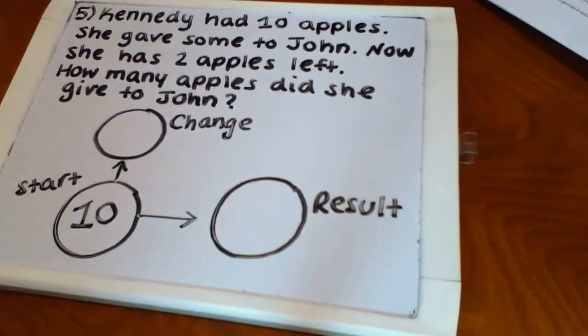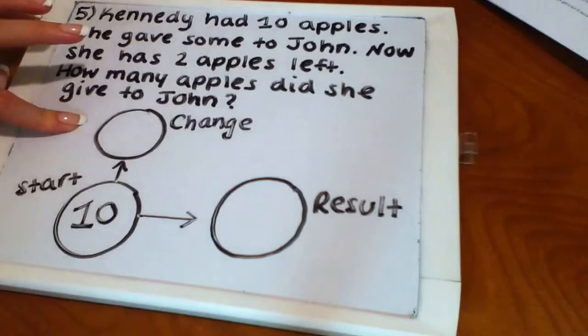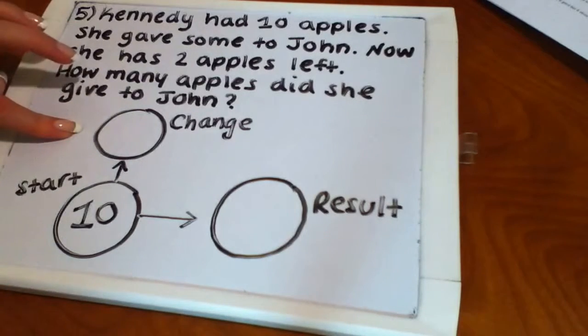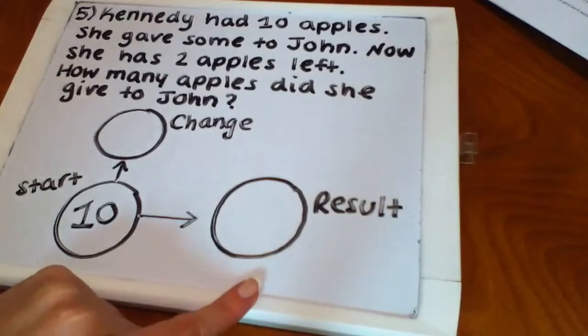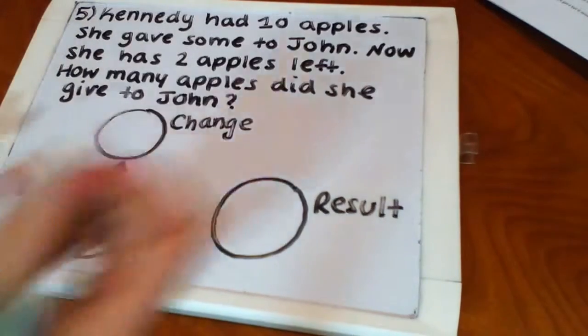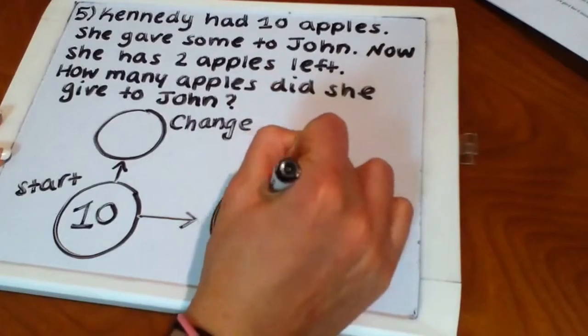It says she gave some to John. Now she has 2 apples left. How many did she give to John? So we don't know what the change was. We don't know exactly how many apples were taken away. However, we do have a result, and that was that she was left with 2 apples. So we can just go ahead and put that right in here.